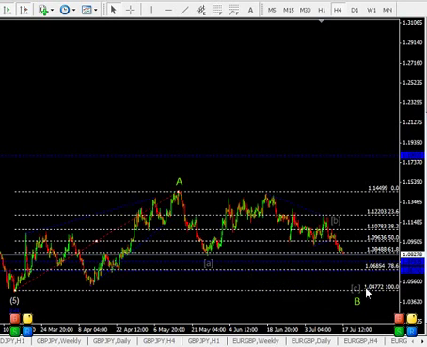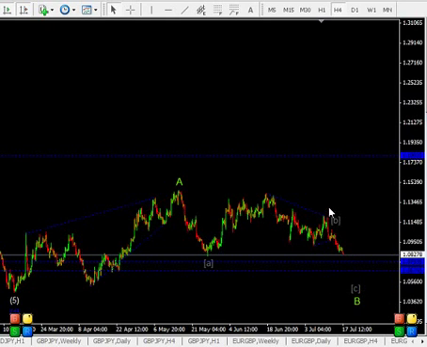So our 78.6% retracement is this one, 1.0685. That's where I put this blue line. The 61.8% retracement is also here, 1.0849, but we can see that it is basically being overtaken.